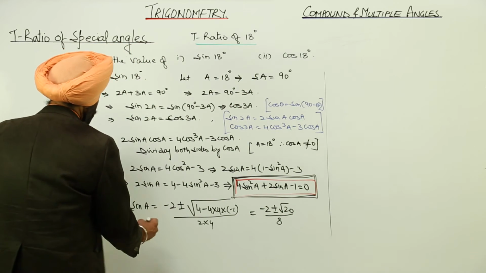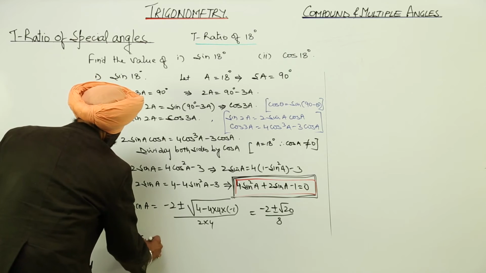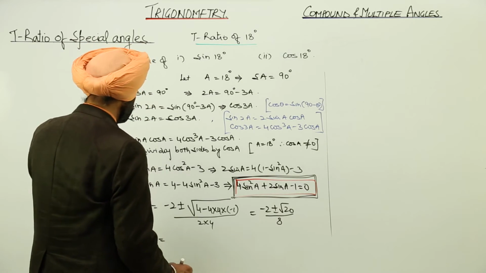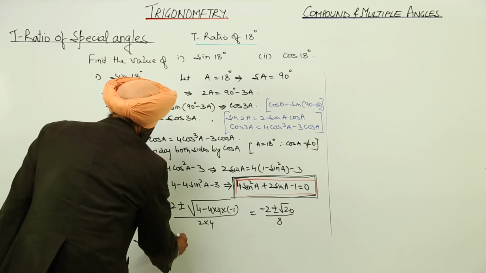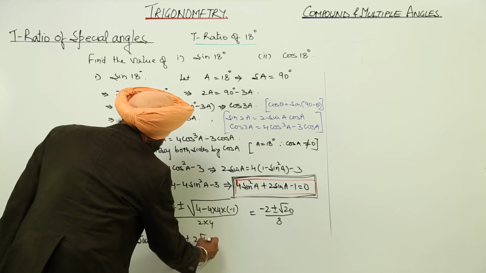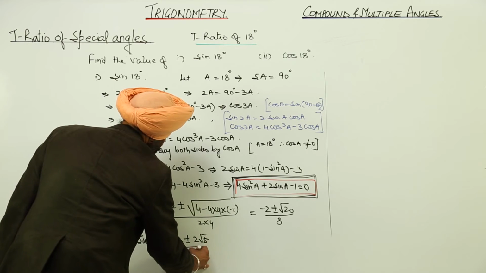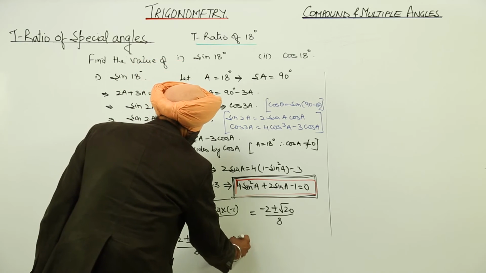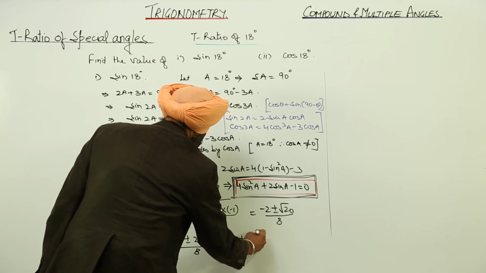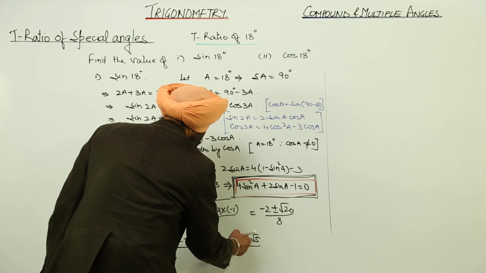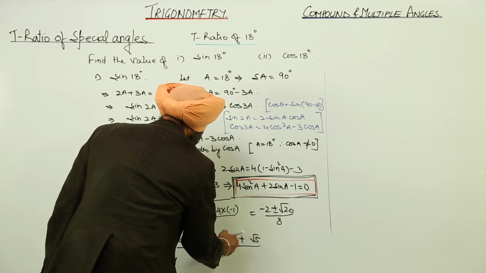Finally sin A is equal to negative of 2 plus or minus 2 root 5, upon 8, which is equal to negative 1 plus or minus root 5, upon 4.